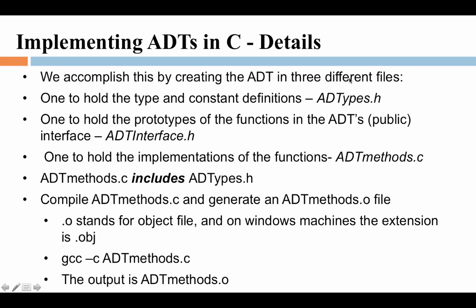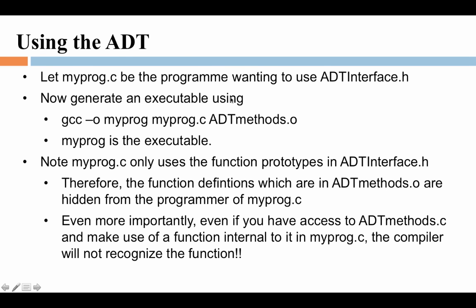If you go back to the previous slide, that is what we have. ADT_interface.h contains the prototypes. So that tells you what are the function calls that you need to make. Using those function calls, you can write your C program and then compile it along with your ADT_methods.o. Now myprog becomes the executable.